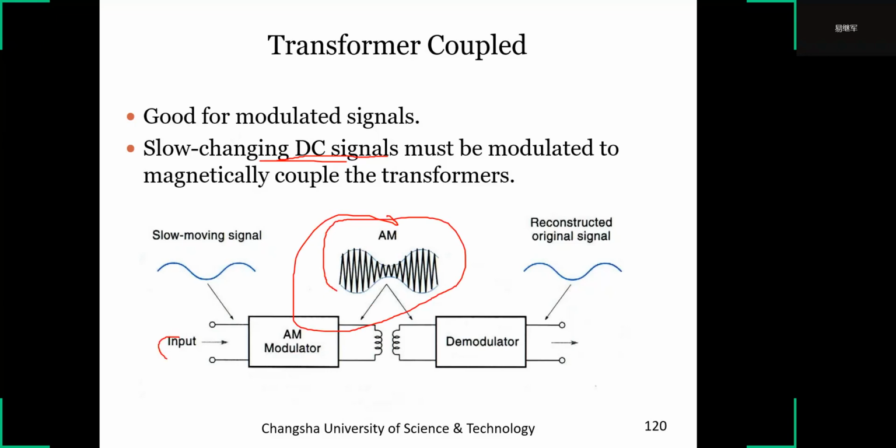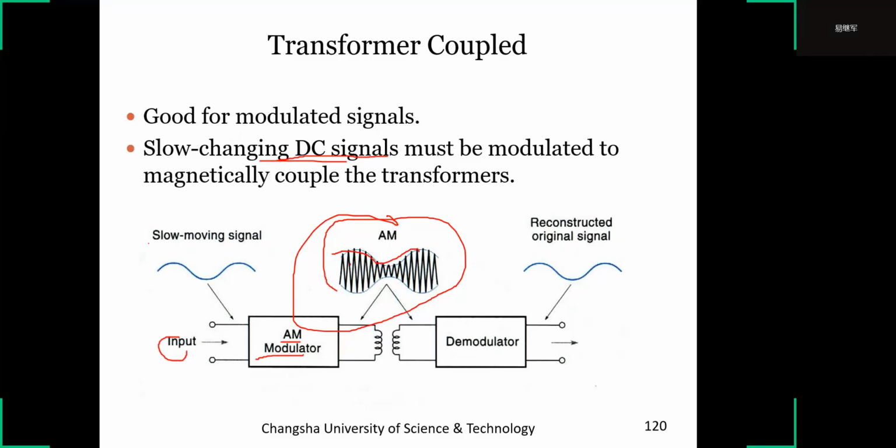This is the input signal. We use AM modulation. We add the signal like this. This is the signal we want.